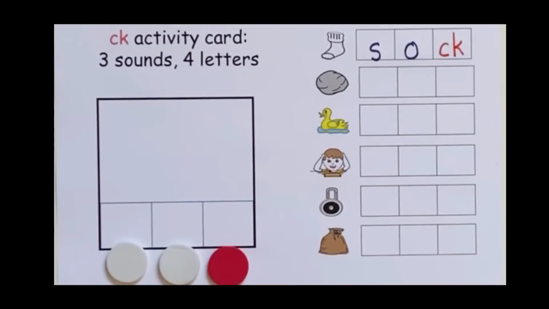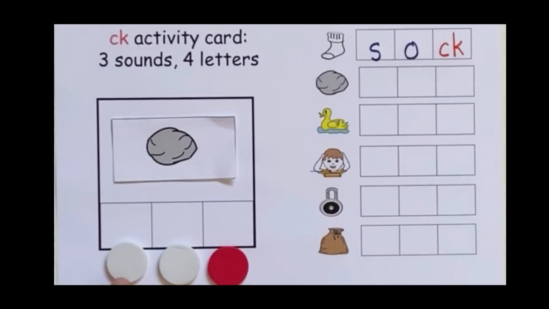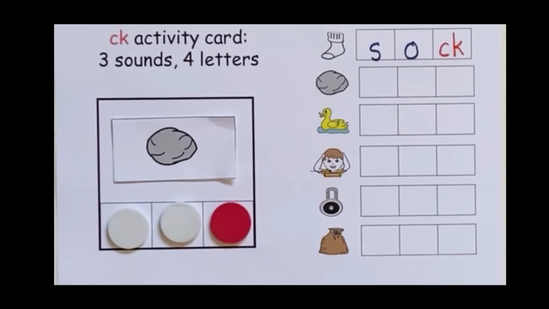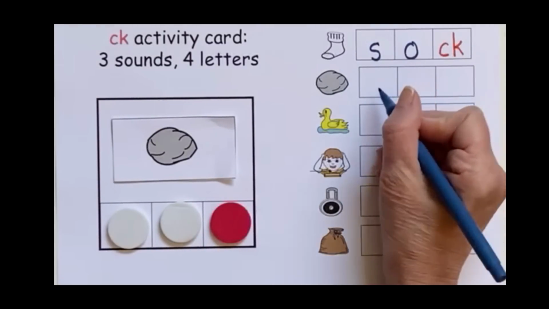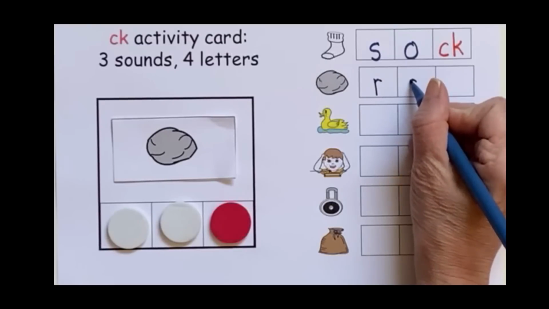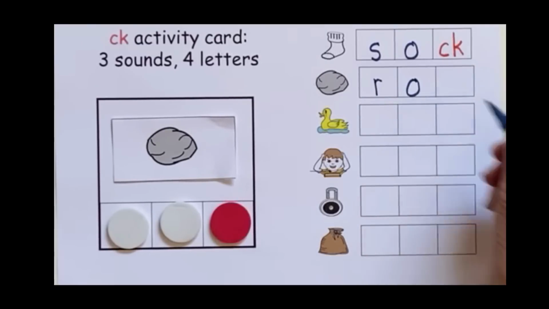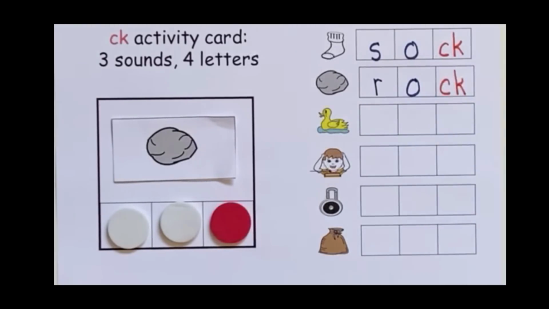get our next card. It is rock. Push up, r-o-k, and then write the letters that represent the sounds. R is an R, A, short O, and K are 2 letters, CK, that make the digraph.